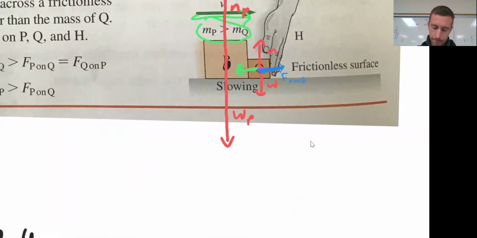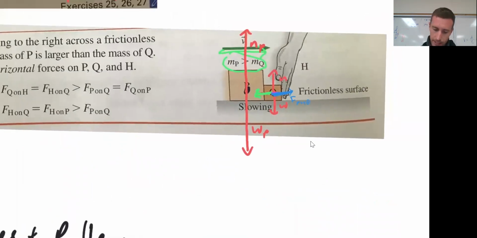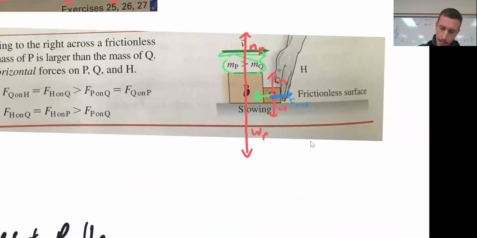The force of P on Q is going that way. Now, because the hand is slowing it down, I know that the overall acceleration has to be in that direction, right? It has to be going backwards.